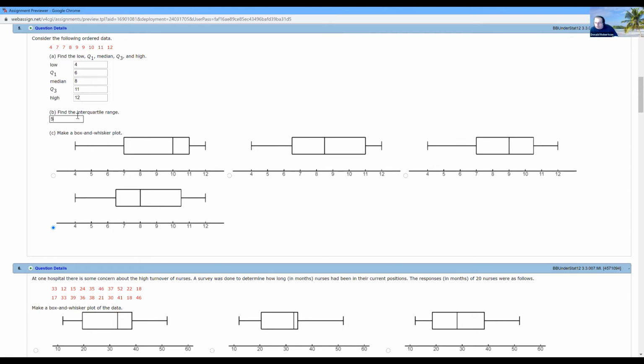Although you can do it in your head, what you should do for the test, you don't need to do it for the homework, but for the test, IQR equals Q3 take away Q1 equals 11 take away 6 equals 5. Apart from that, writing it will probably make you do the right answer.